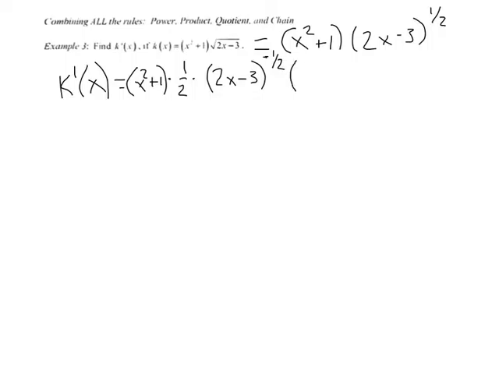The derivative of 2x minus 3 is just 2. So that was the 1d2 part. Now we have 2d1, so we have 2x minus 3 to the 1/2 power, and then the derivative of the first is just 2x.